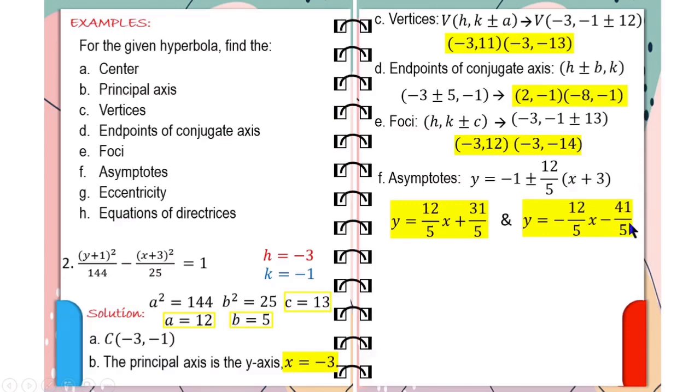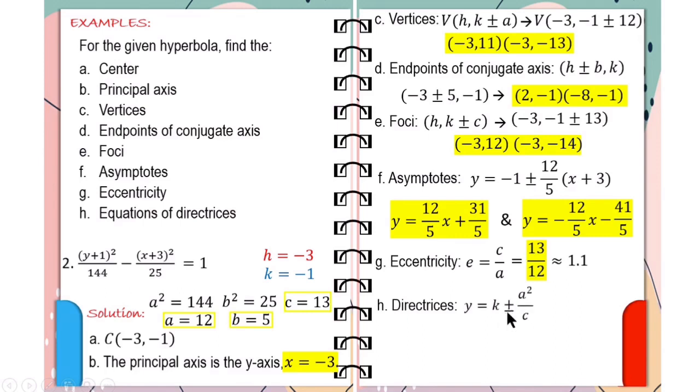The eccentricity is 13 over 12 or 1.1, while the directrices are y equals k ± a² over c, where k is −1, a² is 144, and c is 13.